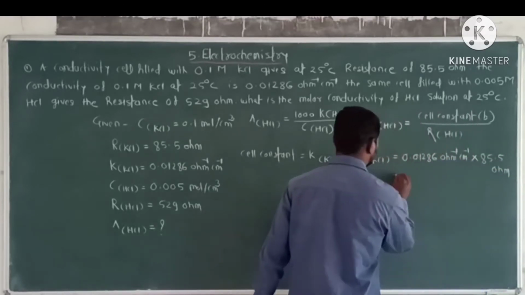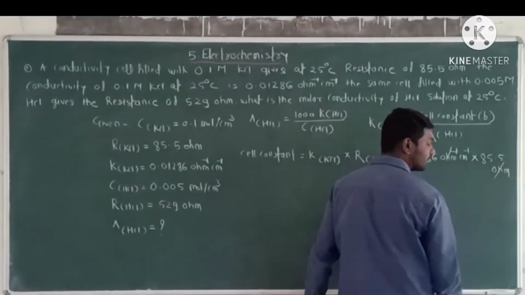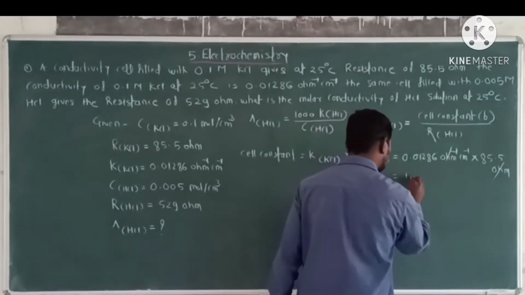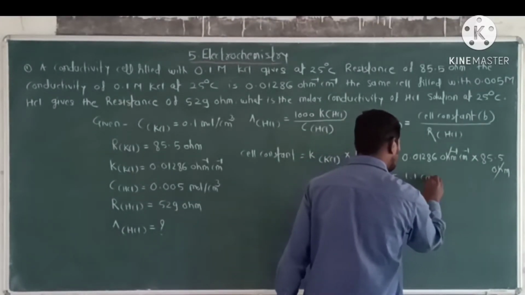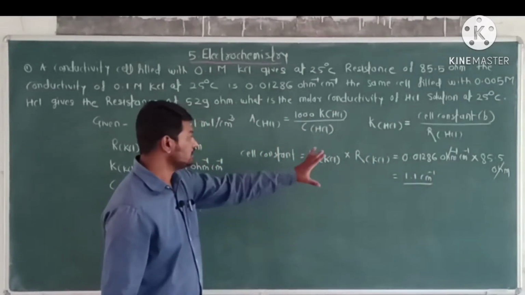Solve this equation: per ohm gets cancelled, and after solving we get the final answer, 1.1 per centimeter. This is the cell constant.